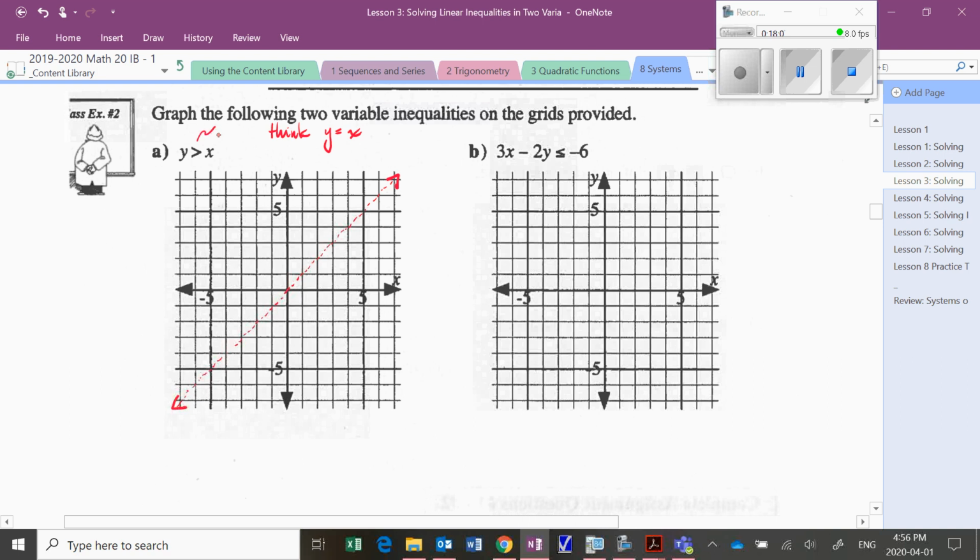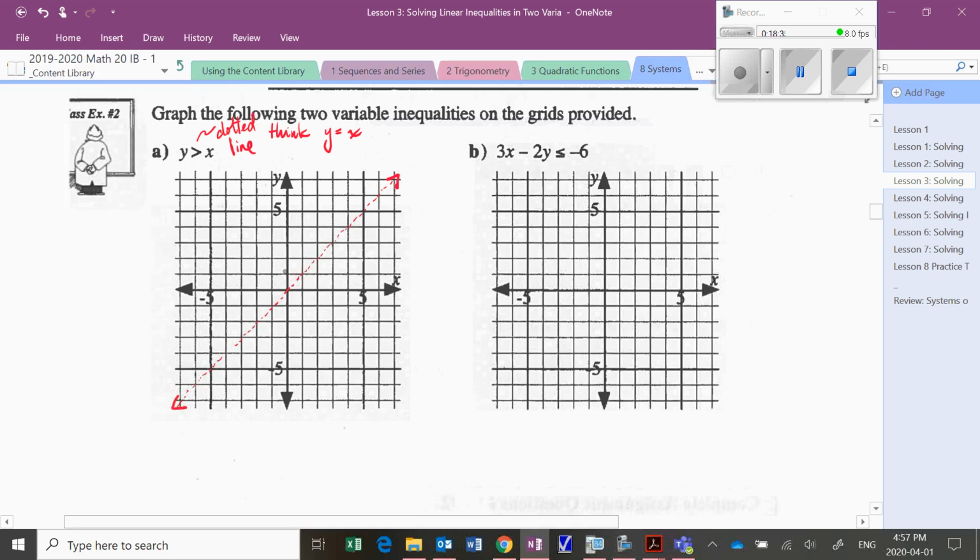So this shows that it's going to be a dotted line. Okay, so then we need to shade. Well, let's find a point above and below and see which one is true. It is totally up to you what point you choose. Again, don't pick anything that's actually on the y equals x line itself.